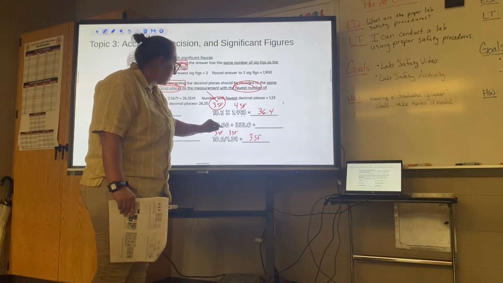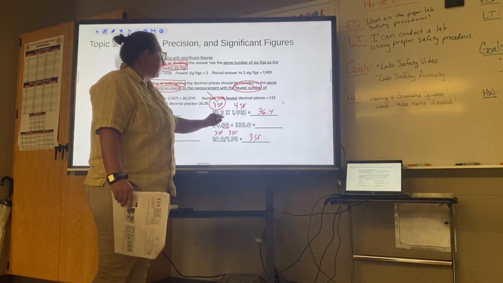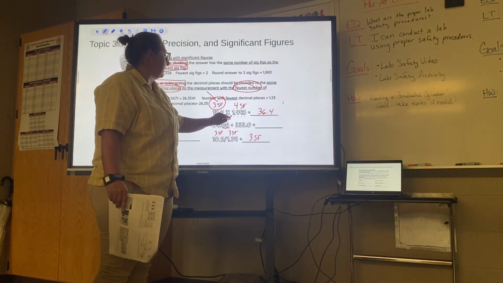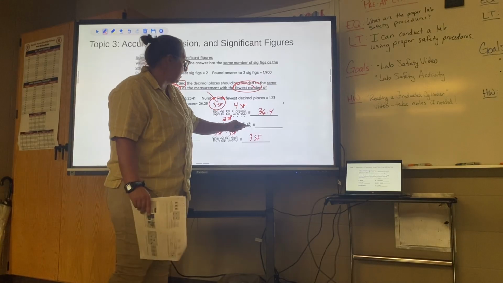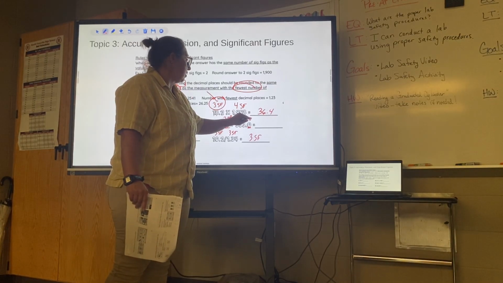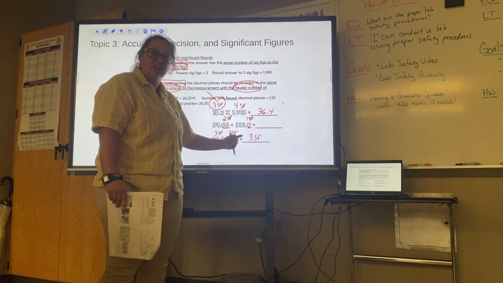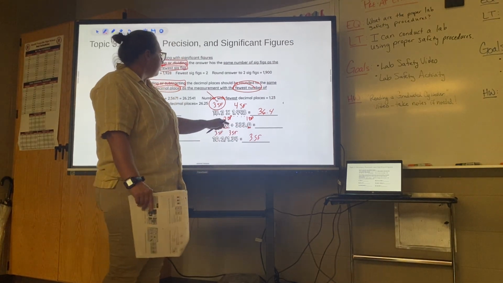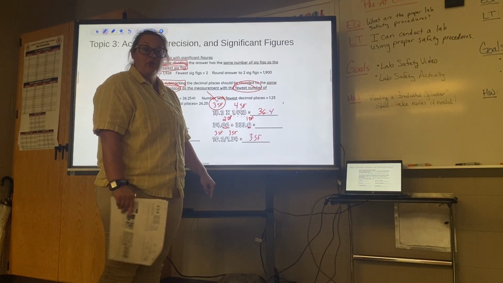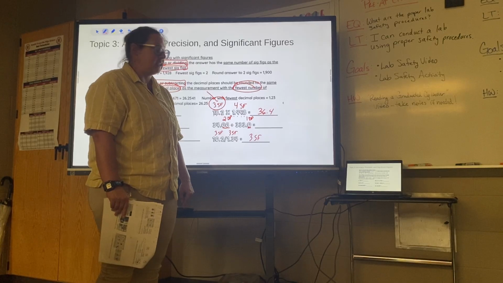Remember, decimal places are what's behind the decimal. This has 2 decimal places versus this one has 1 decimal place. Do y'all see how I represent decimal places? It's different from significant figures. So what I do is I evaluate who is the smallest amount of decimal places.